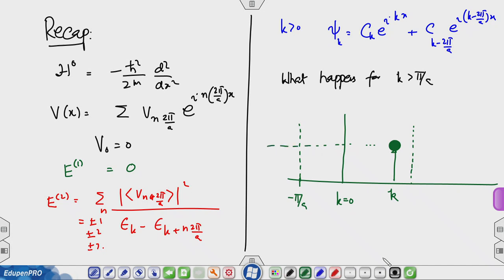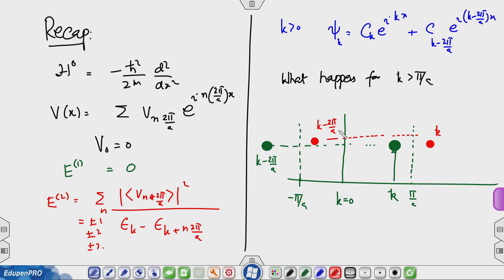So, I mixed it with something out here. This is k minus 2 pi by a. Now, I want to go beyond pi by a and look at a value here. The corresponding k minus 2 pi by a will be here.